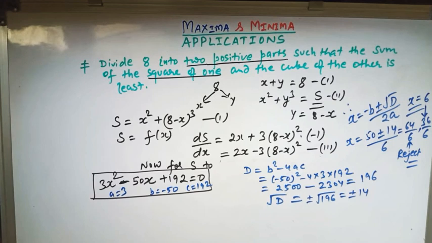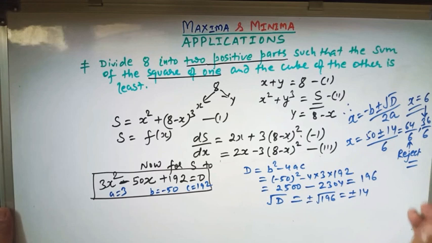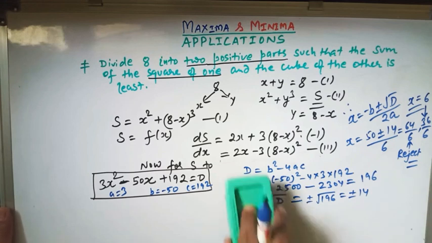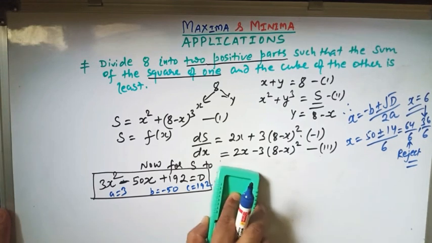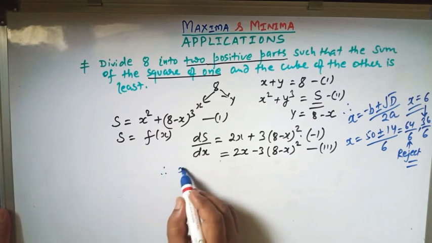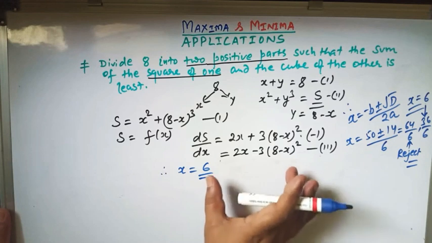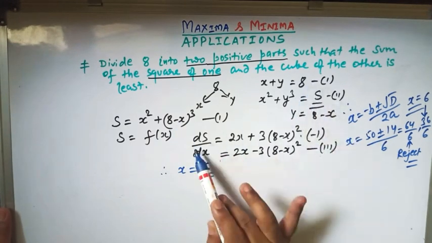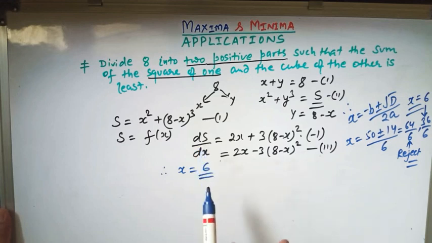So here, if we get the value of x equal to 6, therefore the critical point is x equal to 6.